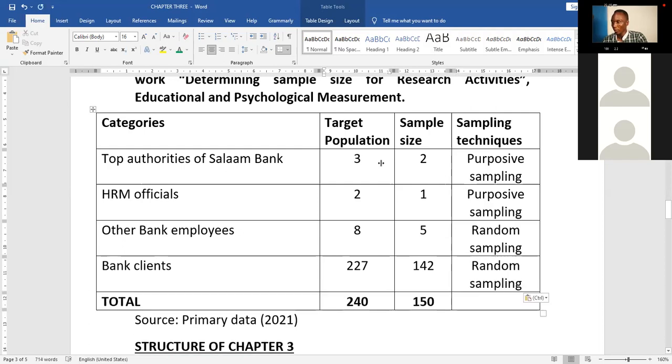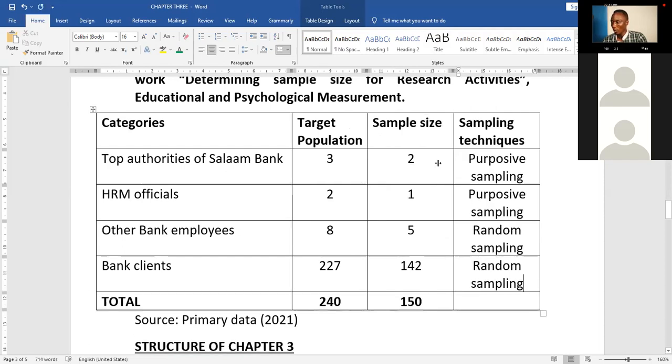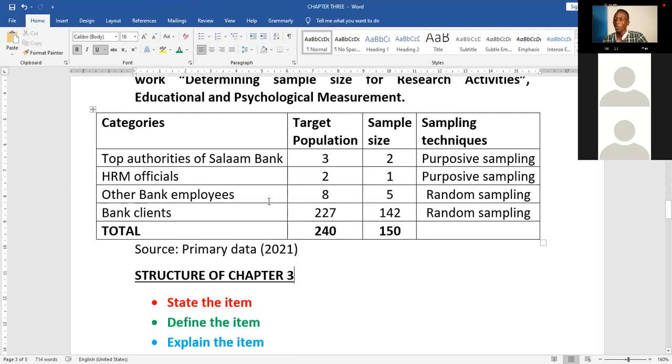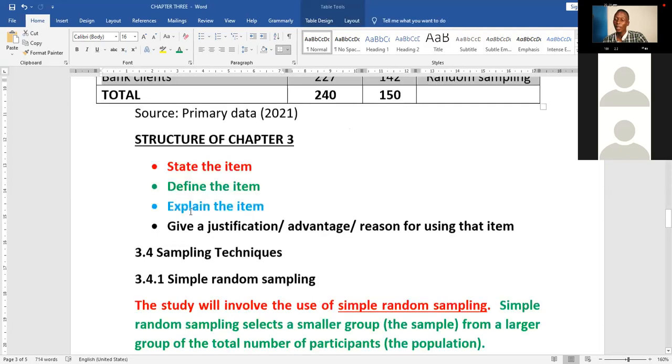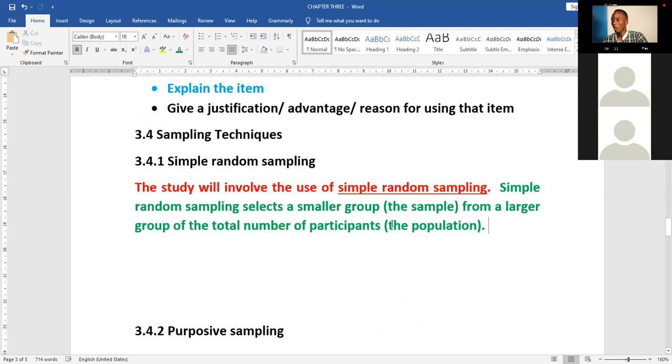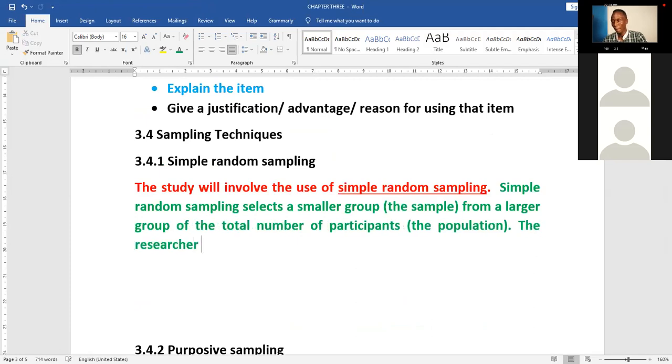So meaning that we are using random sampling on two categories: other bank employees and the bank clients. So we say that the researcher will randomly select other bank employees and then bank clients.